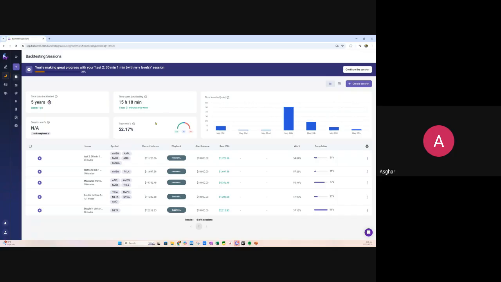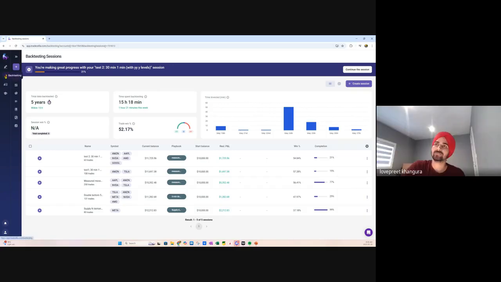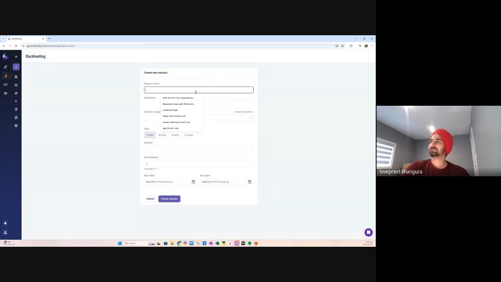And where do you select this in TradeZilla, on the menu that you have? Over here, once you press backtesting, you have these 4 to 5 options, and from there you can create a new session. Let's create a new one.